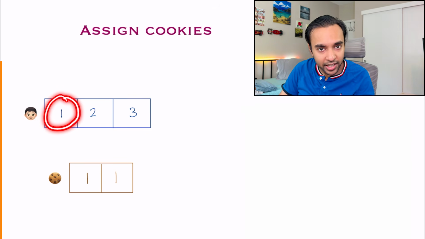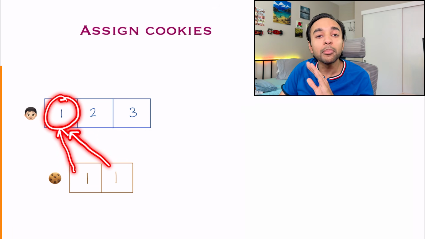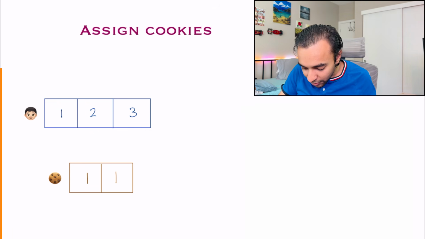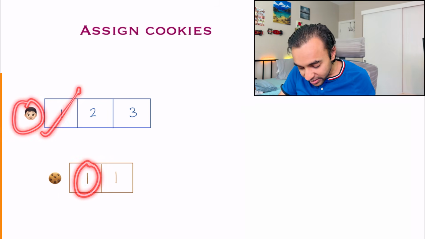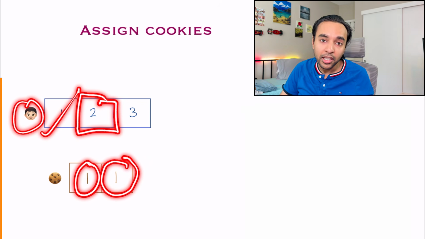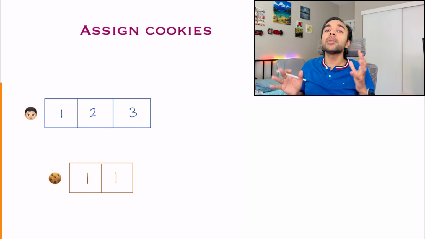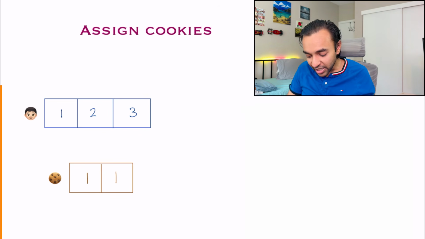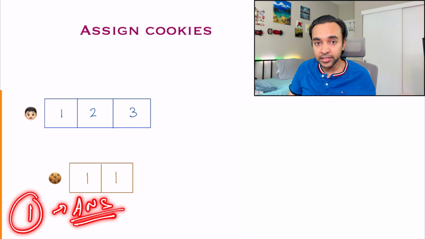Now, whatever the hunger is, start giving them cookies until their hunger is completely satisfied. This particular child gets satisfied with 1 cookie, so this is done. The next child has a hunger of 2, but you have only 1 cookie available. Can this child be satisfied? No. So the maximum number of children whose hunger can be satisfied is just 1. So 1 will be your answer in this particular test case.